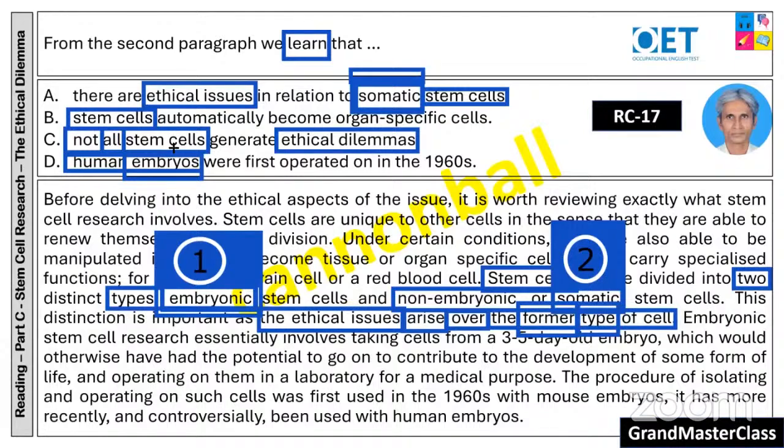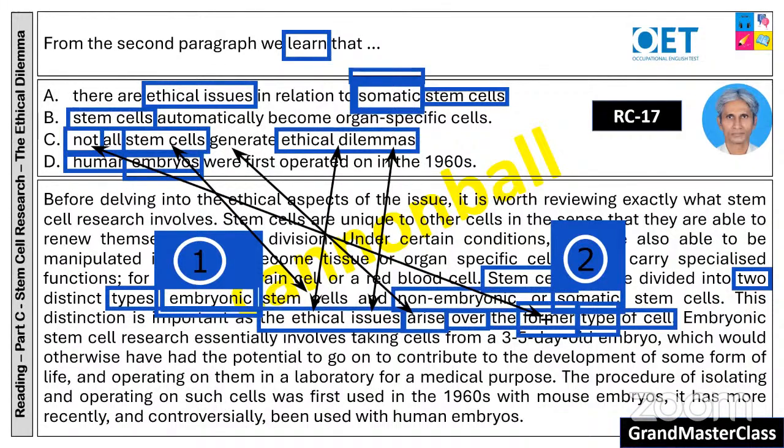So stem cells generate ethical dilemmas, issues. Now you can see that very clearly. Not all, only the former. Only the former generated ethical dilemmas.